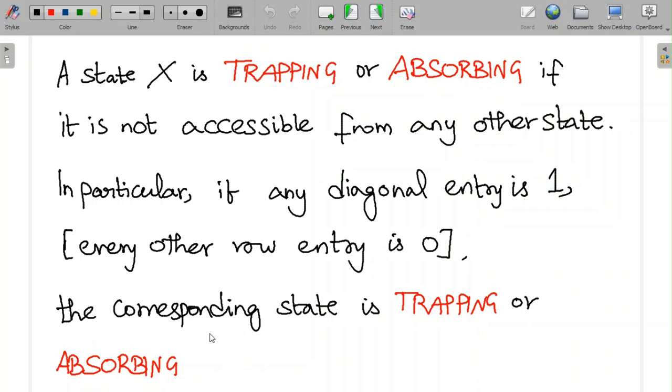Next, we classify a state to be trapping or absorbing if it is not accessible from any other state in the Markov chain. This is identified by having a diagonal entry which is exactly 1. This will lead to the state where every other entry in the corresponding row is a 0. Such a state is called a trapping state or an absorbing state.